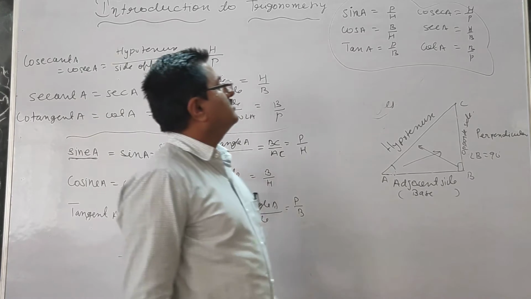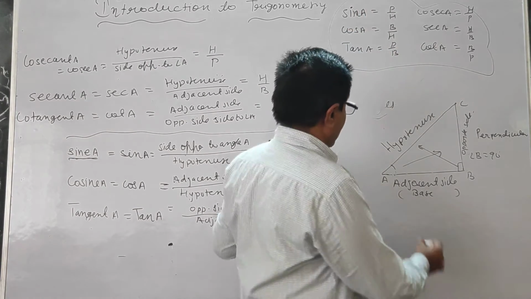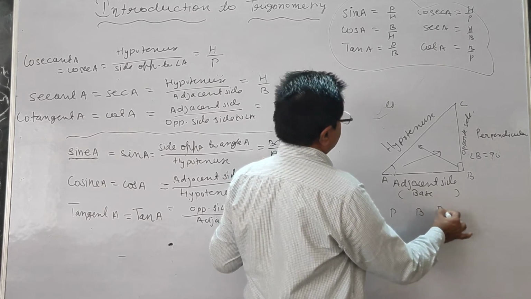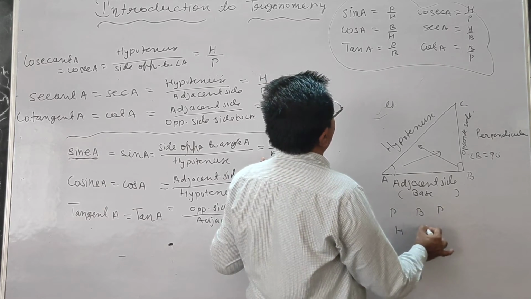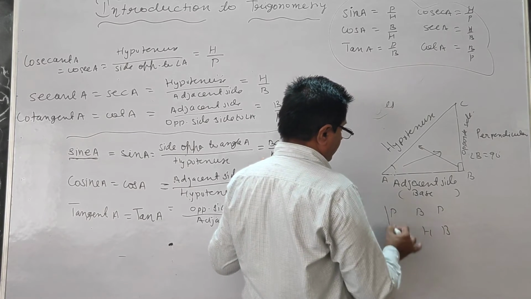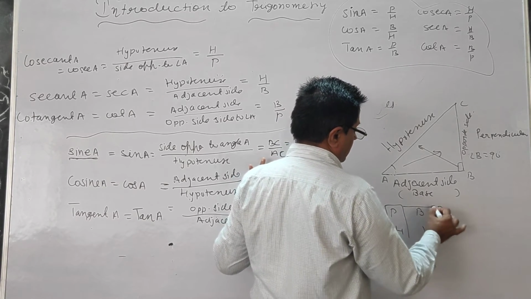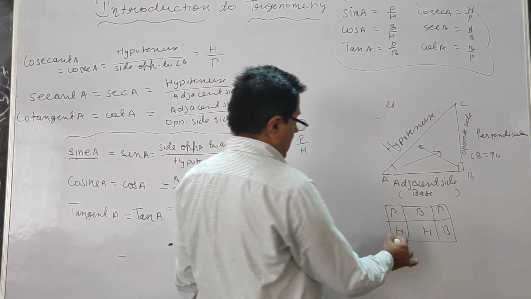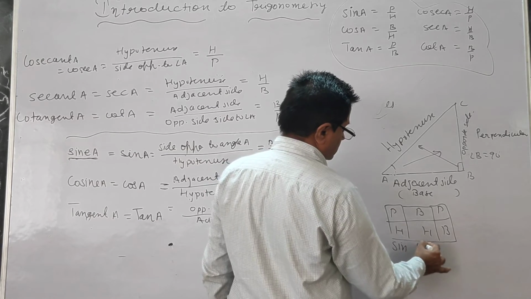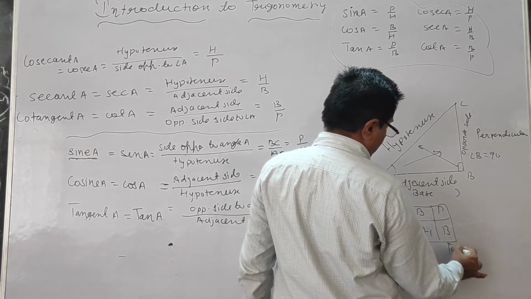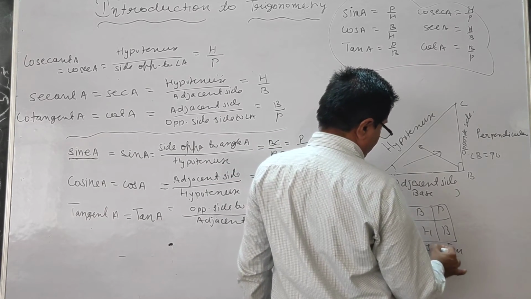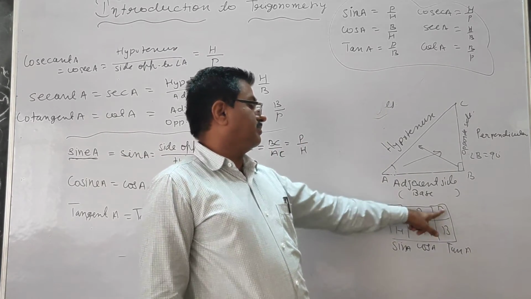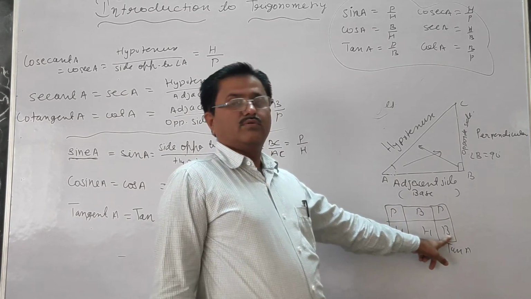You can easily remember them: P, B, P for the first three, and H, H, B for the reciprocals. In short form, this is sine, this is cos, and this is tan.